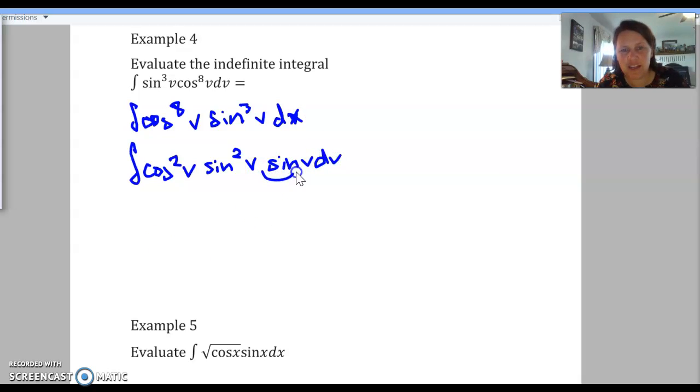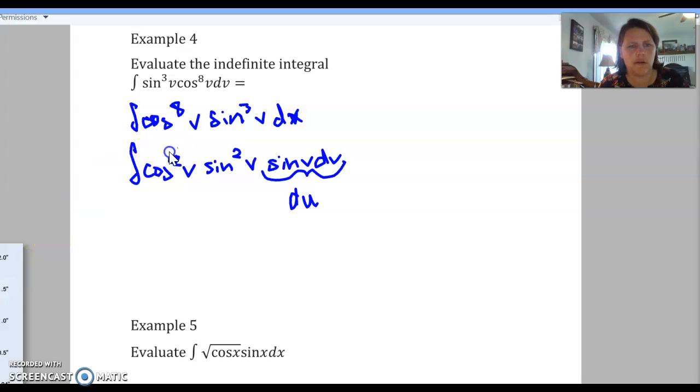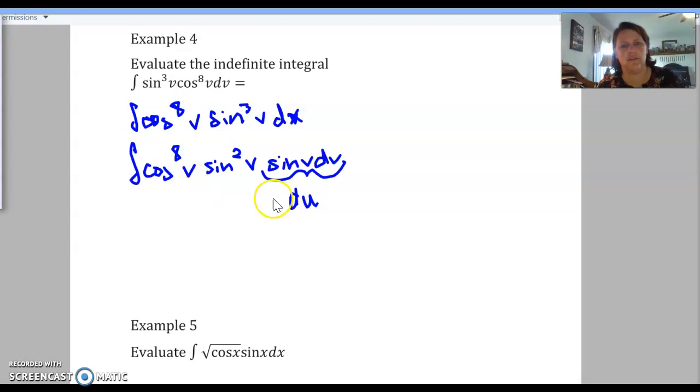Okay, so this right here is what I want my du to be. So if I want sine v to be my du, then that must mean that's supposed to be a cosine to the 8th v, sine squared v.